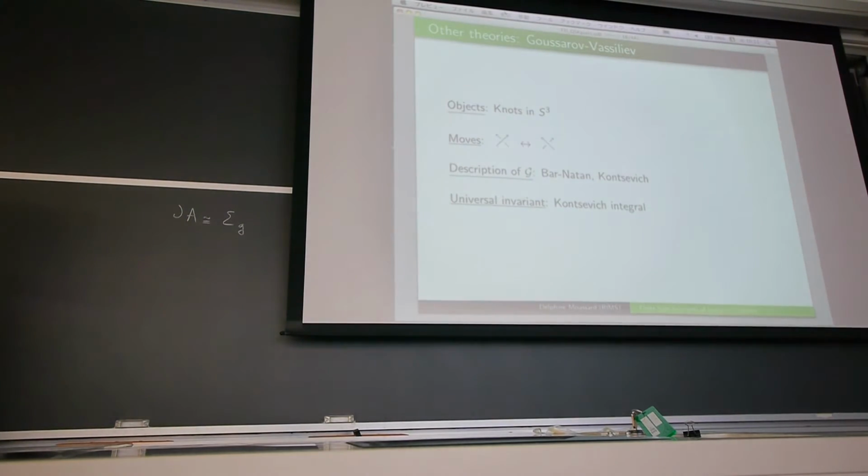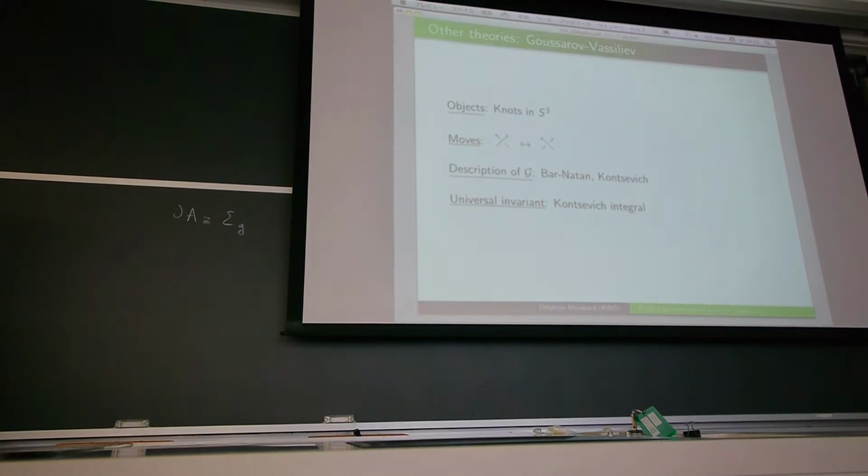So for this theory, the graded space G has been described by Bar-Natan and Kontsevich using as a universal invariant the Kontsevich integral. By universal, of course, here we mean universal for finite type invariants. Of course, we don't know yet if the Kontsevich integral is universal or not.